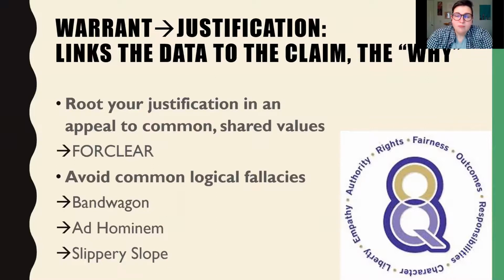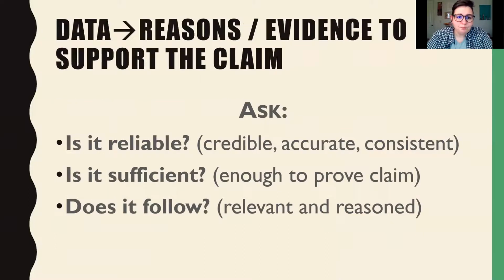Well, it's been about seven years since the overturn of DOMA, and I don't think there's a lot of evidence to support that claim, mostly because it was rooted in the warrant of a slippery slope logical fallacy. So warrant is the justification, the thing that links your claim to the why.